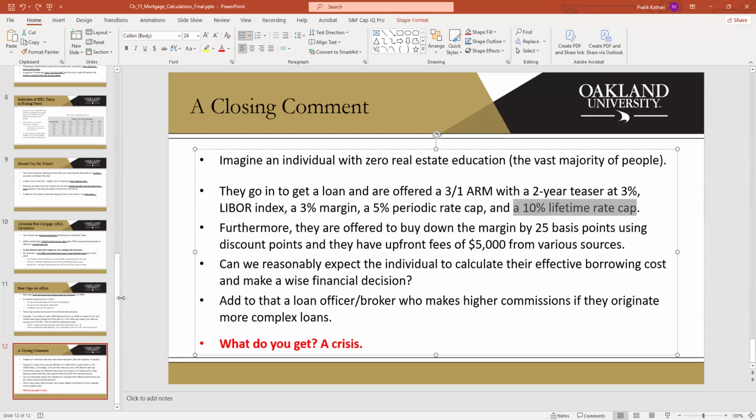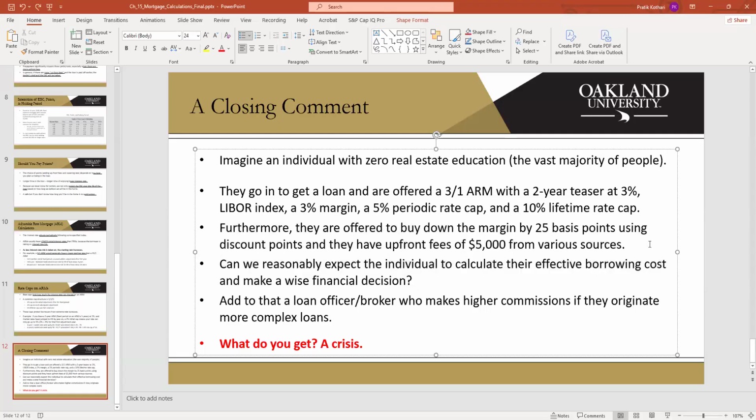Now, we have gone through all of this stuff, right? Furthermore, they are offered to buy down this rate by paying off points. So the bank or the broker tells them that you can lower the rate by 25 basis points using discount points, but you will have to pay $5,000 in upfront fees.